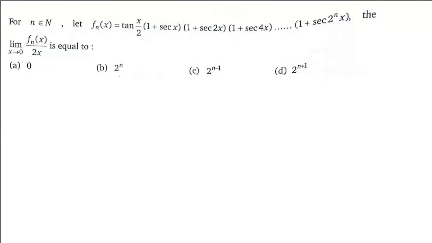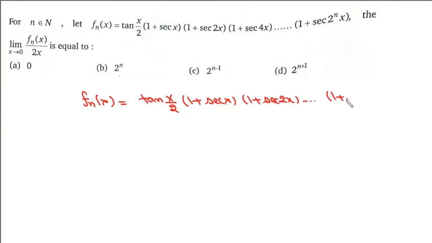Now here the question is, we are given this function f_n(x), which is tan x by 2 into 1 plus secant x into 1 plus secant 2x up to 1 plus secant 2 to the power n x. Now what we'll do is, we'll write this 1 plus secant x as 1 plus cos x upon cos x, and everything else will remain the same.